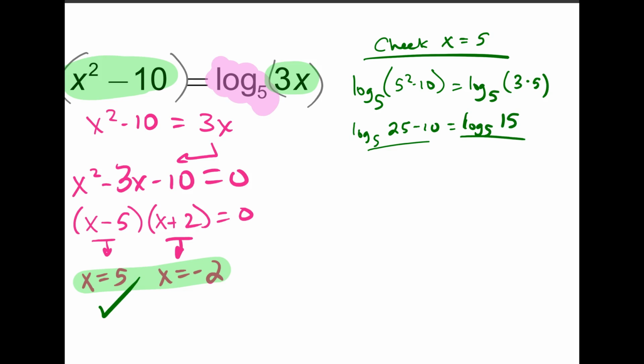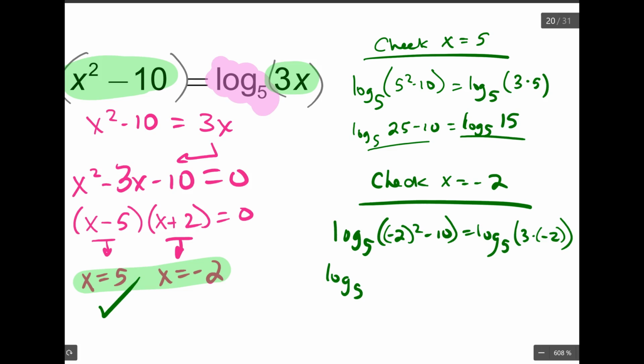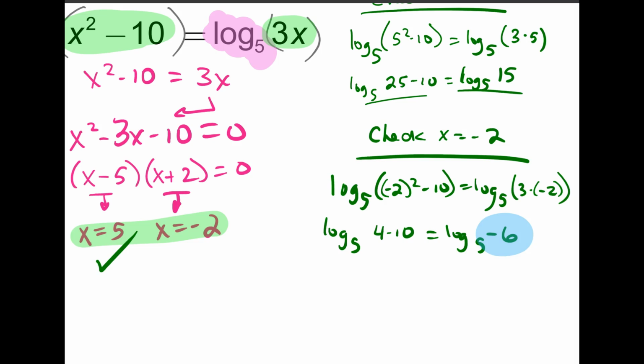Now I'm going to check x equals negative 2. Log base 5, negative 2 squared minus 10 should equal log base 5, 3 times negative 2. On the left side, I have 4 minus 10. On the right side, I have negative 6. Uh-oh. Can't have a negative there.